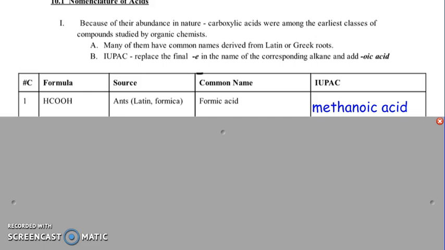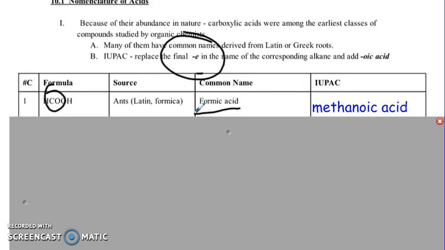If you look at the formula, we only have 1 carbon here, so we would name it methanoic acid. Notice you drop the final E, so what was originally methane becomes methanoic acid. Originally, it was named formic acid. You might recognize the form as meaning formaldehyde, which we talked about as your 1 carbon aldehyde.